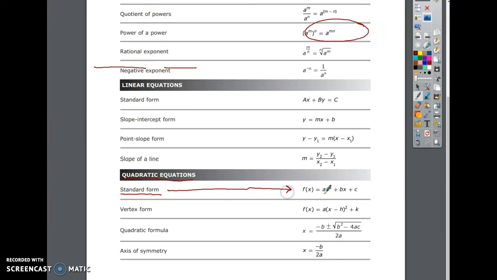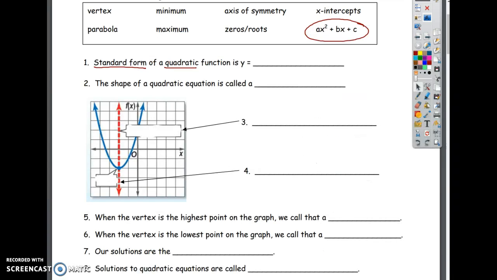So if you ever forget it, that's where it is. Okay, so let's go back and put it on our sheet. So we're going to write down that it's y equals ax squared plus bx plus c, and you cross it out because we're not going to use it again.